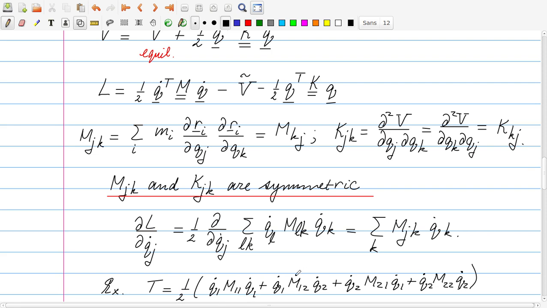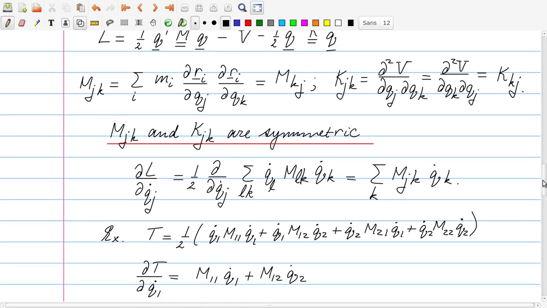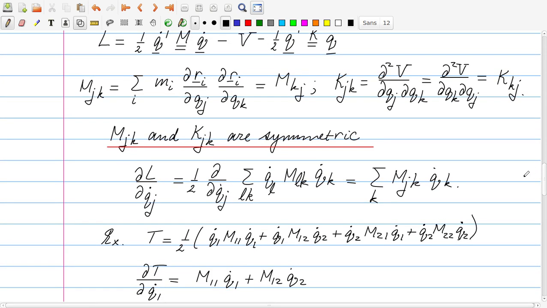And because these matrix elements are the same due to the symmetry of M, we can immediately find that when we take, for example, the derivative of T with respect to q̇1, we have M11 q̇1 plus M12 q̇2.